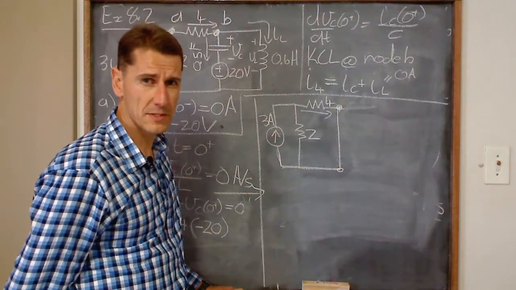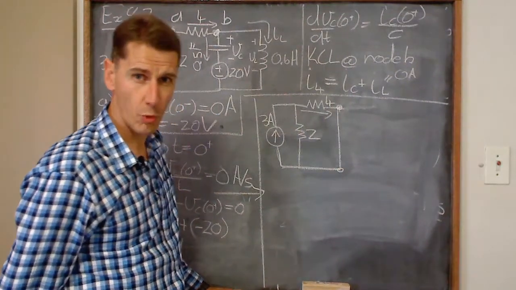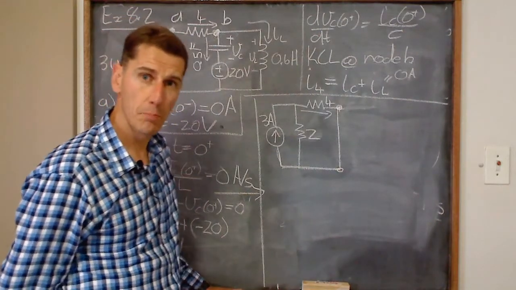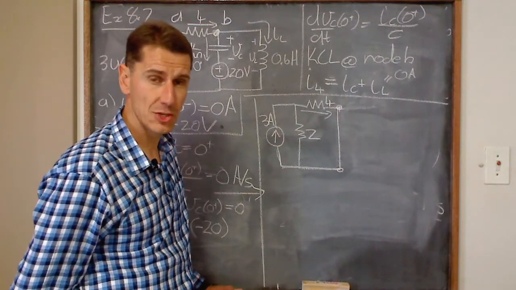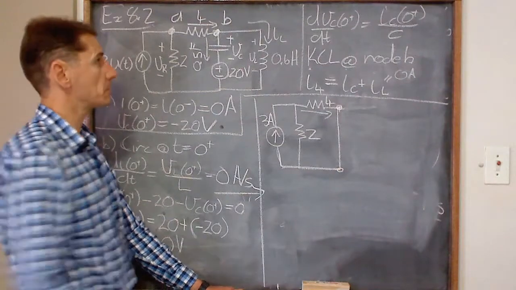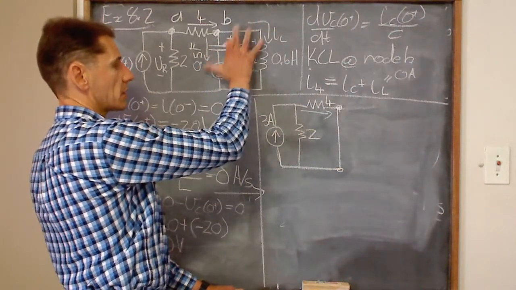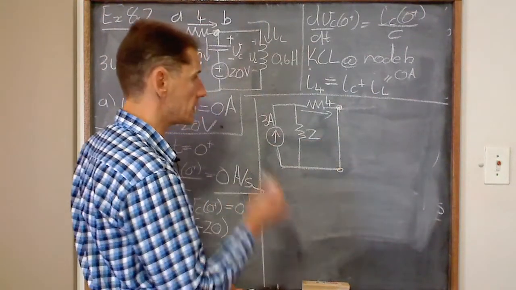And perhaps amongst all the examples we've done so far, this is probably the one that most clearly shows the importance of redrawing your circuit diagrams as you simplify them. Don't just look at this and think you're going to solve it, because what we've done now is to take this whole section of the circuit diagram and reduce it to a simple short circuit. So you have to redraw.